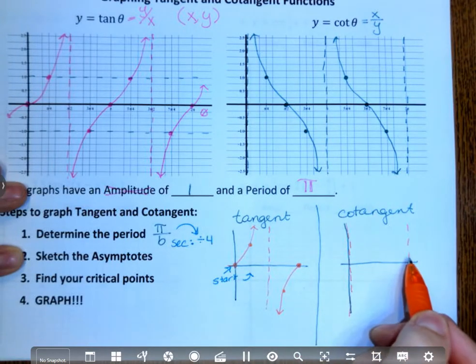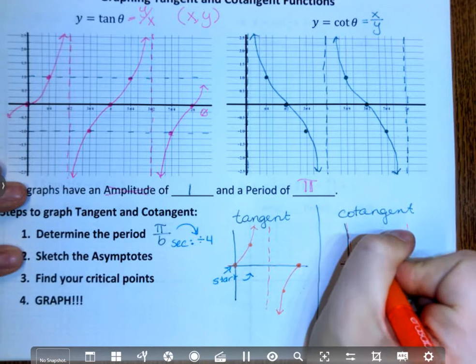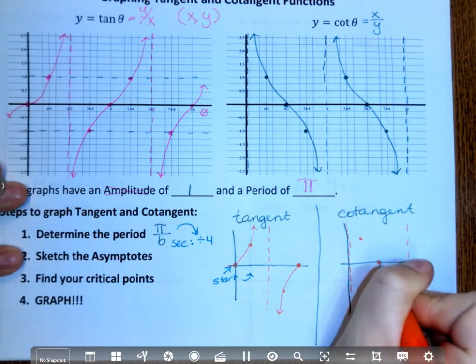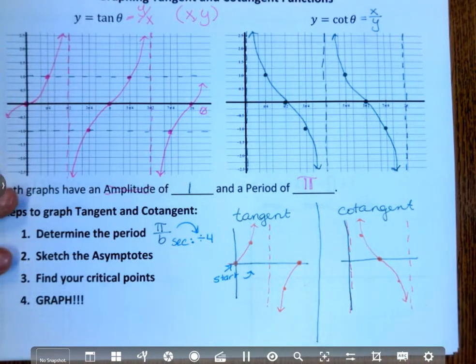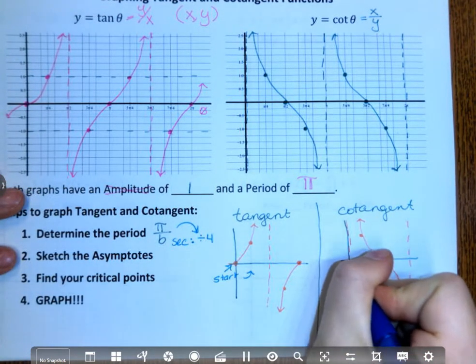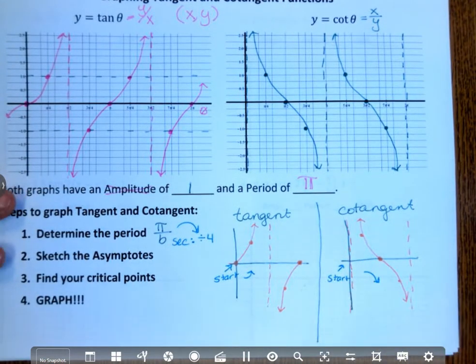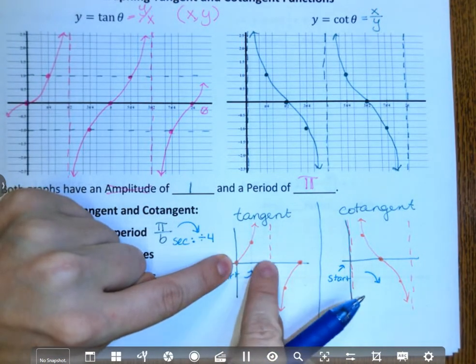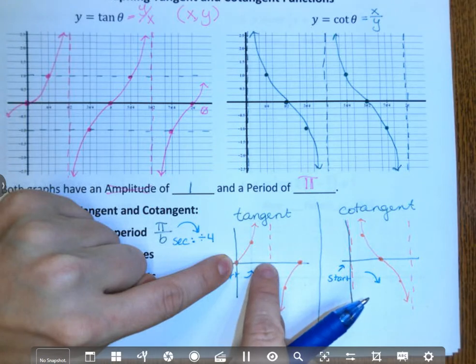Cotangents start and end with an asymptote and have a point in the middle. Cotangents go the opposite direction. Cotangents go down. So cotangents start with an asymptote, and then they go down. And if it starts with one, the middle is the other. So if it starts with a point, the middle is an asymptote.